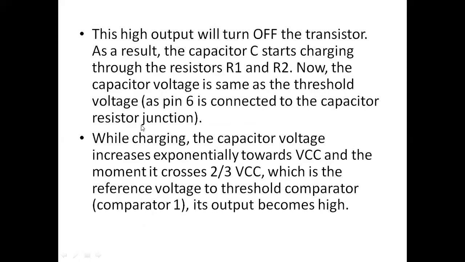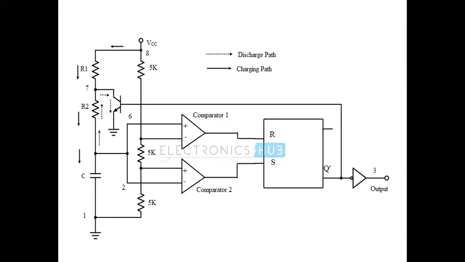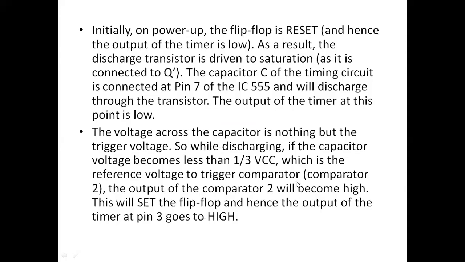So depending on the charging and discharging of the capacitor, we can get some output, that is logic 1 or logic 0. Whenever the capacitor charges, we get a logic high value at the output. If the capacitor discharges, we get logic 0 at the output of the 555 timer. So this is the operation.